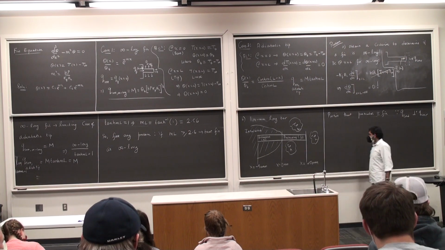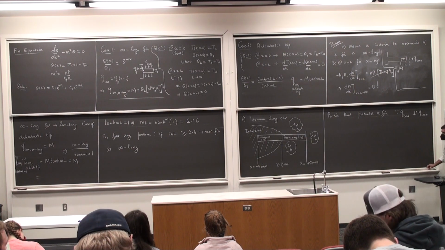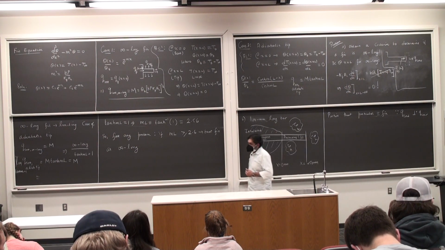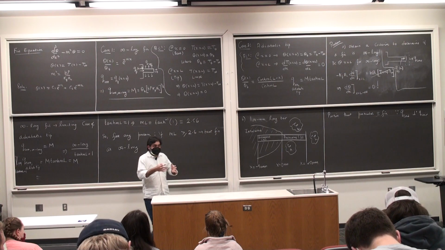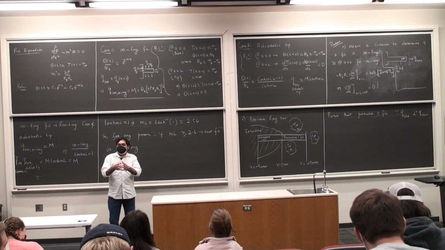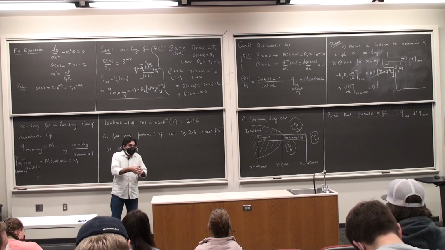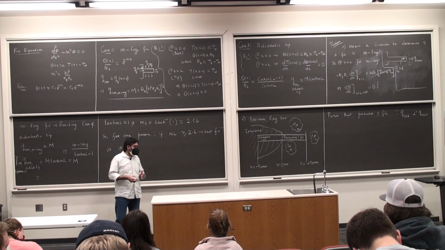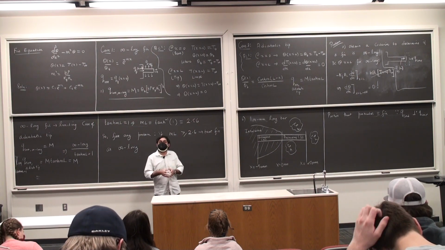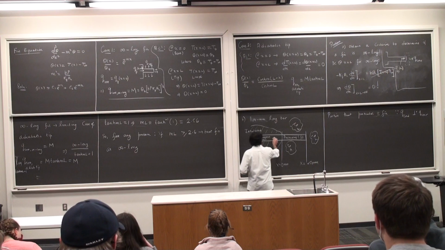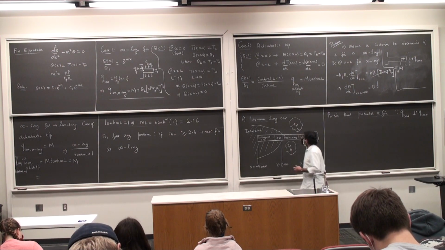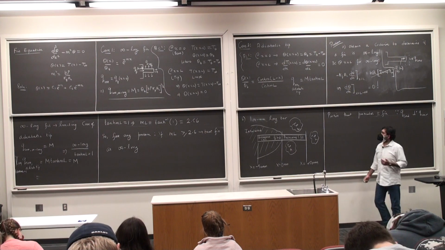T infinity and H. Okay, so this is the situation that's given to us, and I'm going to call the protruding portion by the subscript F because it's a fin, the embedded portion by the subscript E because it's not a fin, so it's a part of the wall. And what's happening is that maybe by some electromagnetic setup and so on, there is some heat generated within the embedded portion. Okay, so it is Q dot greater than 0. For the protruding portion, there is no heat generation.